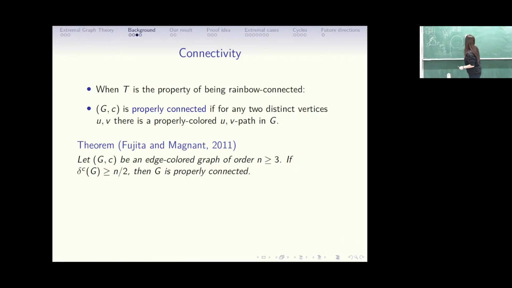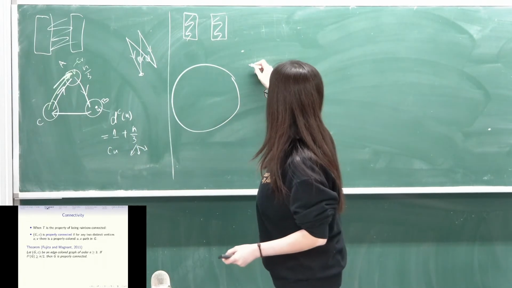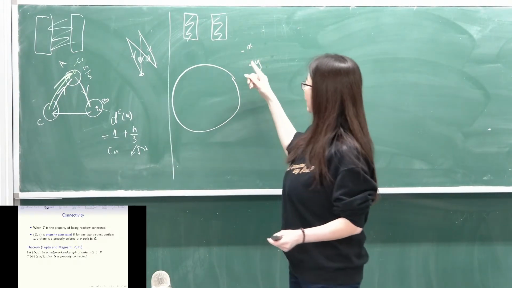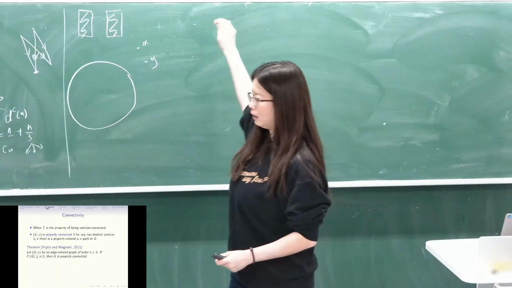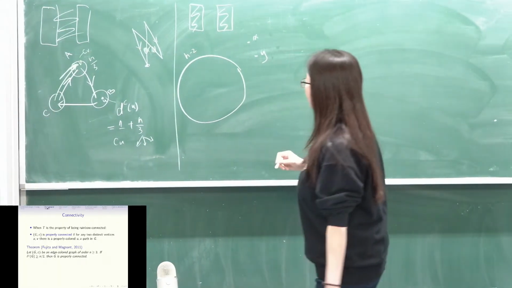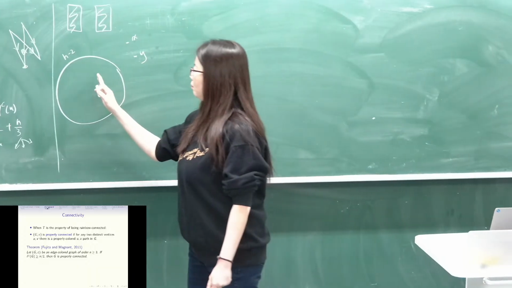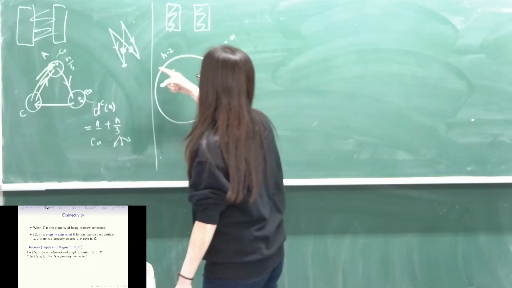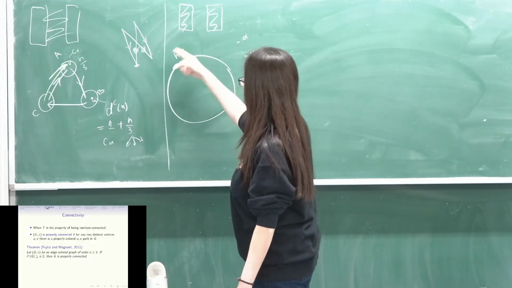in this graph on n vertices, we first keep two vertices x and y outside. And on the remaining n-2 vertices, I'm going to draw a regular tournament. Suppose n-2 is an odd number.